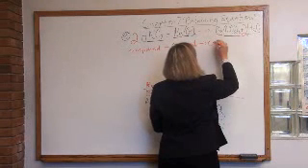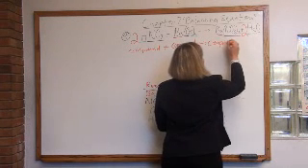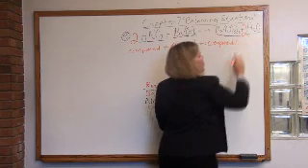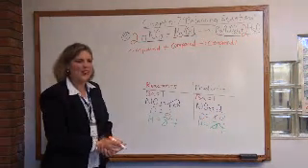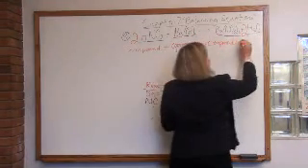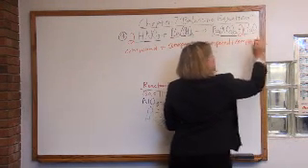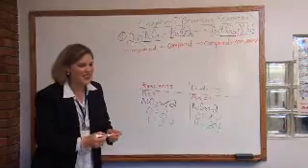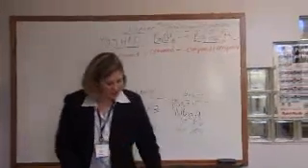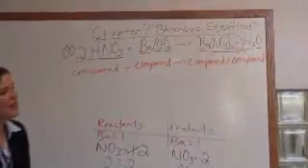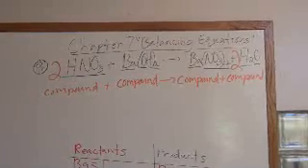Compound. And what about water? Is that an element or a compound? Compound. Okay, so looking at our song, what chemical reaction type do you think this is? Double displacement.